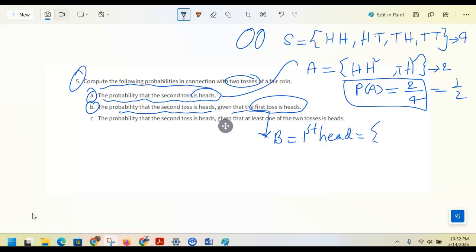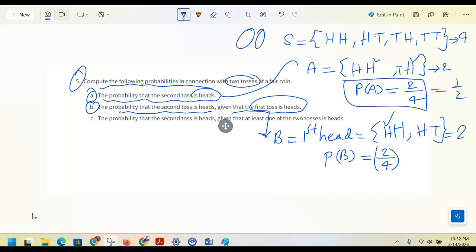Which are the ones that have first head? Head and head, or head and tail. So there are two of them. So the probability of B is 2 out of 4. I'm going to keep this number important.